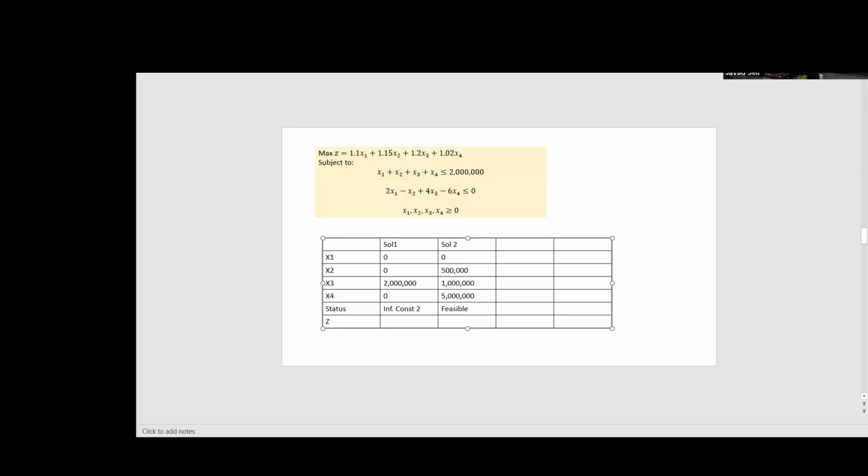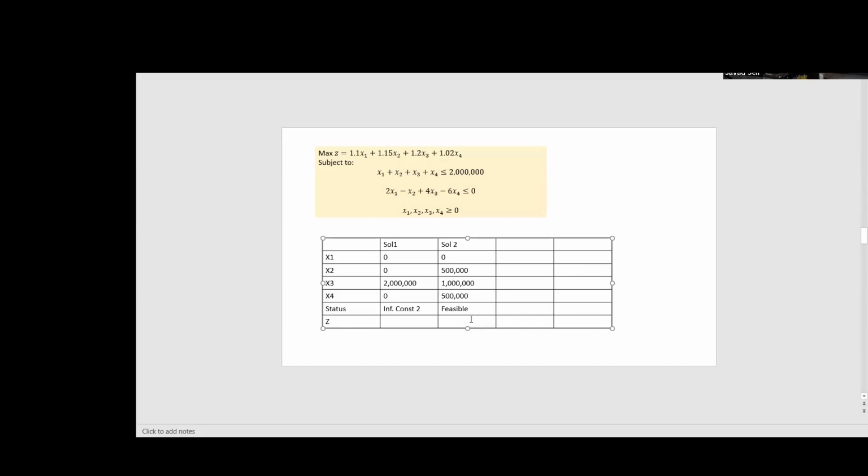What will be the objective function value? 0 plus 1.15 times 500,000 plus 1,200,000 plus, oh, that's actually 500,000. So it becomes a reasonable number.